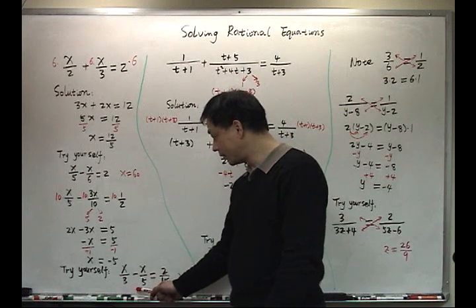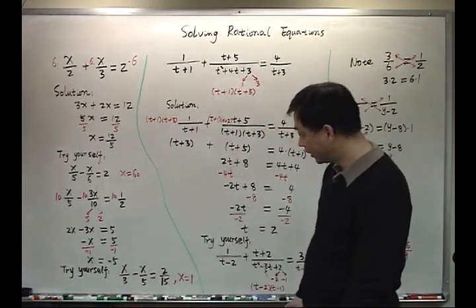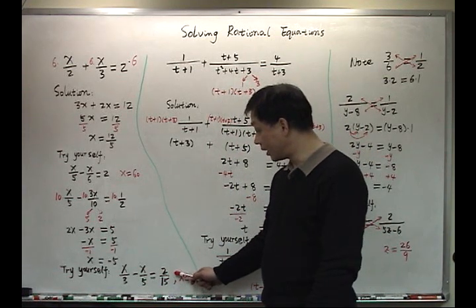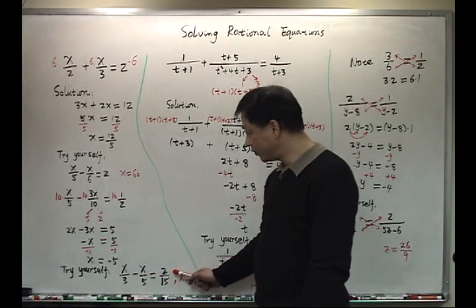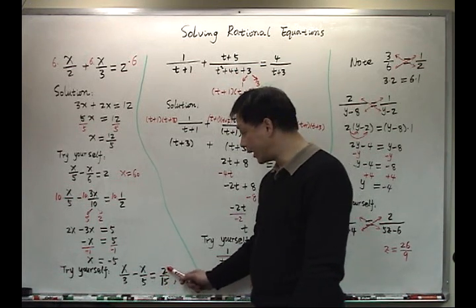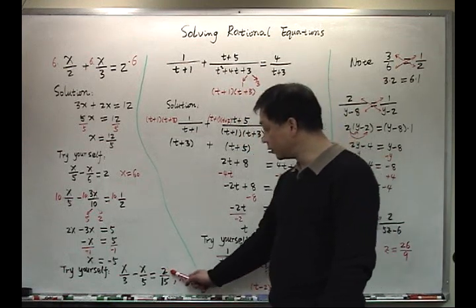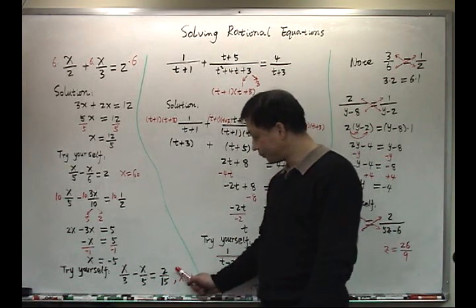So 5x minus 3x is 2x on the left-hand side. On the right-hand side, 2 over 15 times 15, the 15s cancel each other, and you have a 2. So 2x equals 2, both sides divided by 2, x is 1.